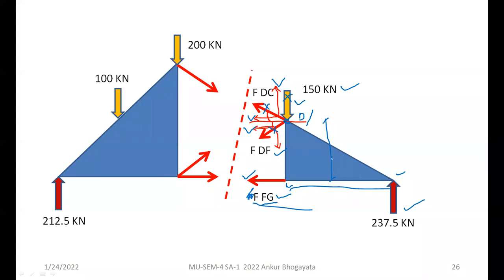So I hope you are going good and you are trying to calculate. It's a two-step calculation, boss. It's just a two-step calculation. Take moment of force FG about point T and 237.5 kilonewton about point T and give me the answer. That's all. We all know the answer.